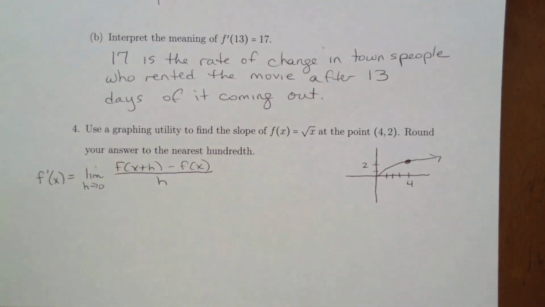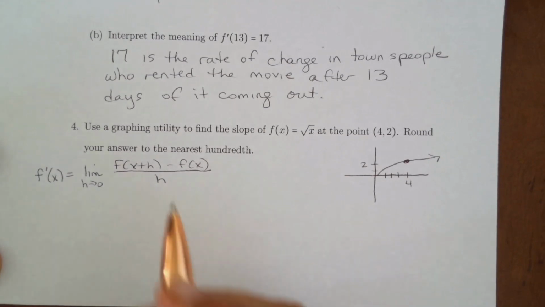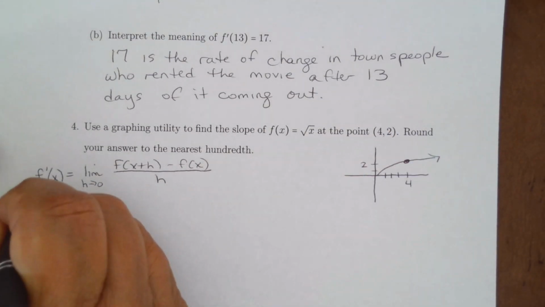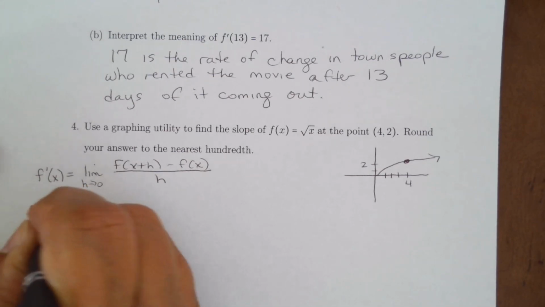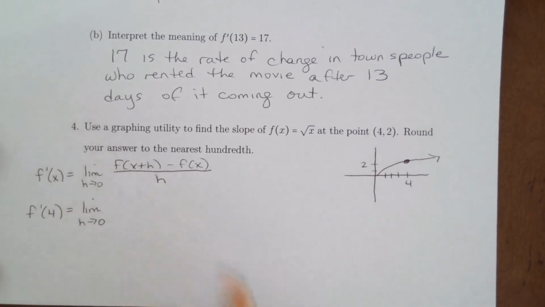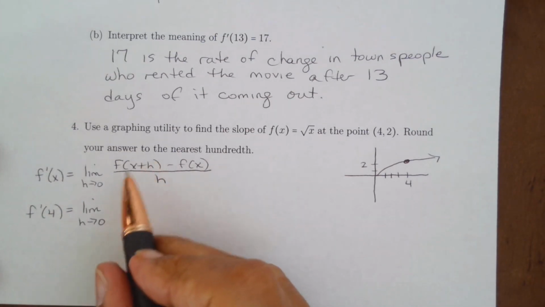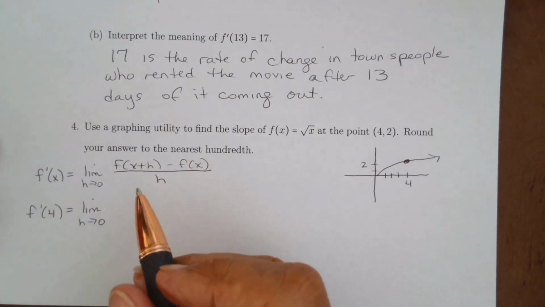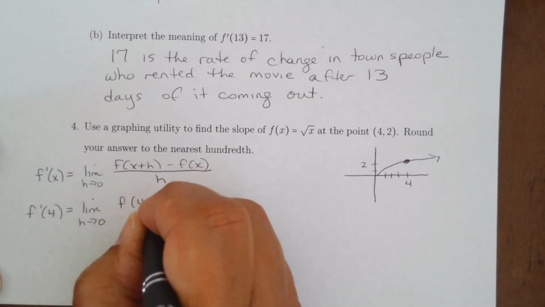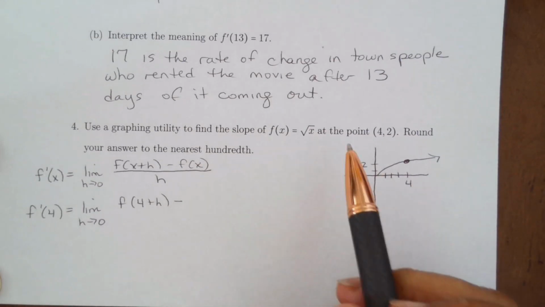All right. So we want to find the derivative at 4. Right? So we're looking at f prime of 4. So we got the limit as h goes to 0. All right, so we're going to do f of 4 plus h minus f of x.